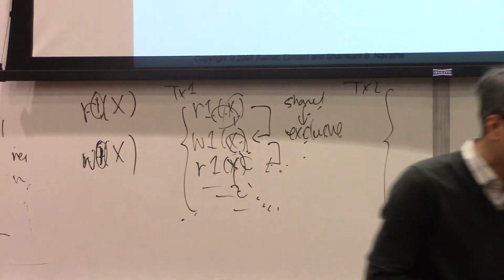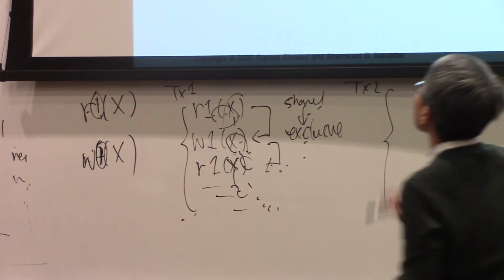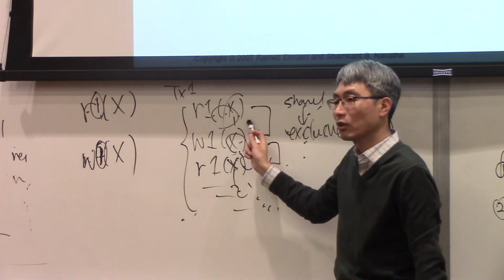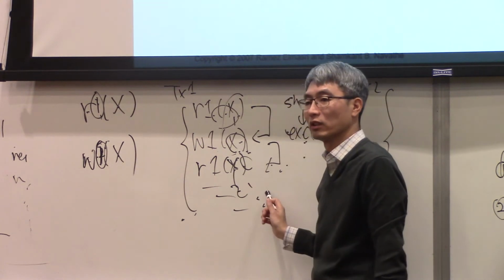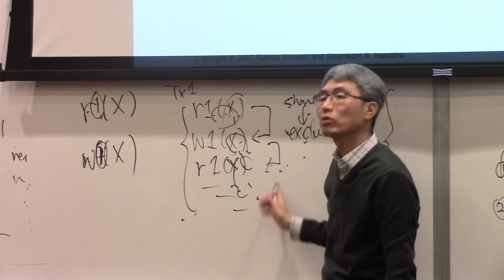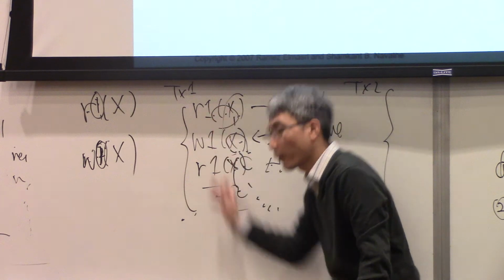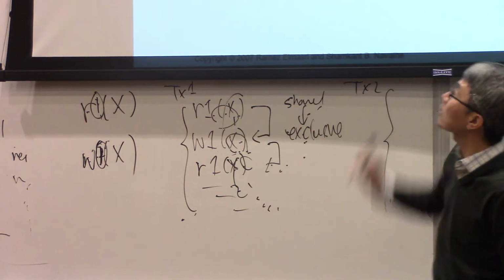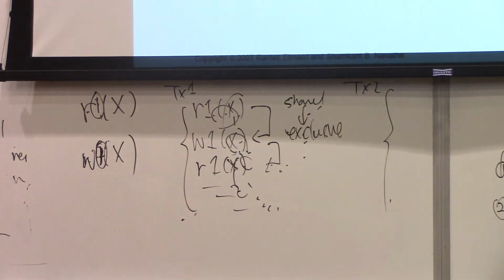So the simplest way to implement the two-phase locking is you can get all the locks that you need. Then once you get all the locks, do the operations and release. That is the simple implementation of the two-phase locking.